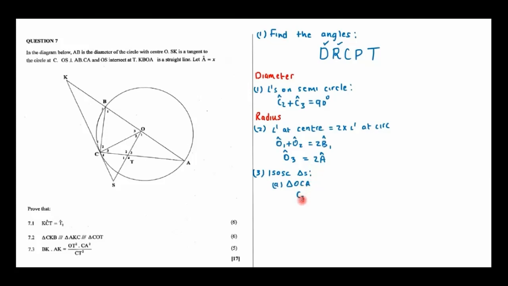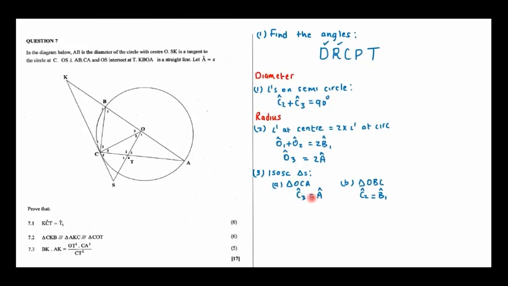I can see that C3 is the same as angle A. And secondly, in triangle OBC, I can see that C2 is the same as angle B1. Now the question is, are they all equal? And the answer is yes, they are all equal.